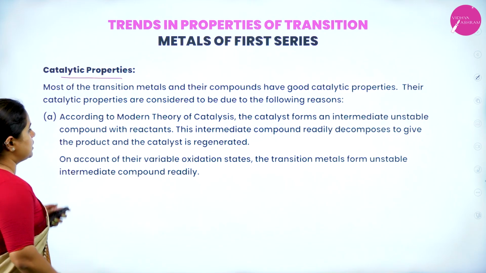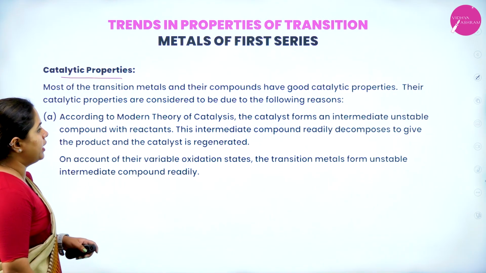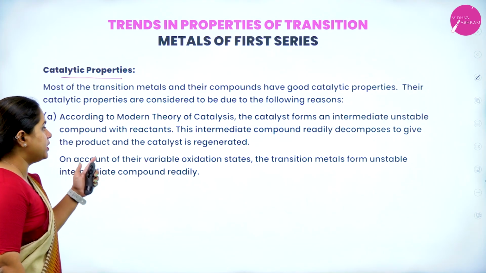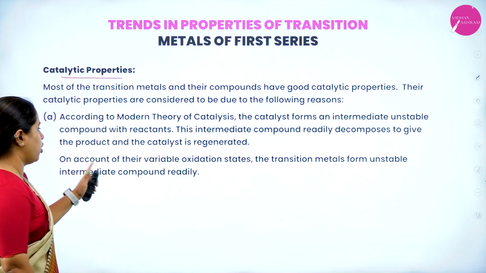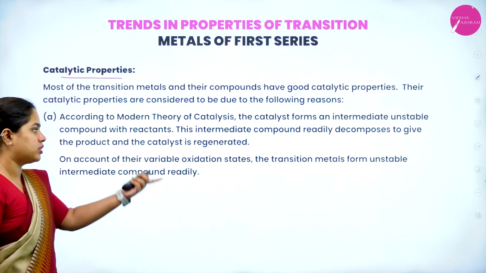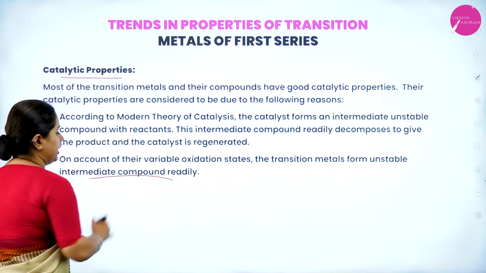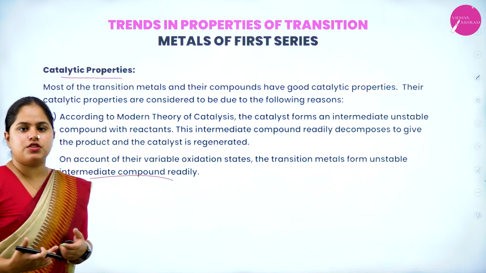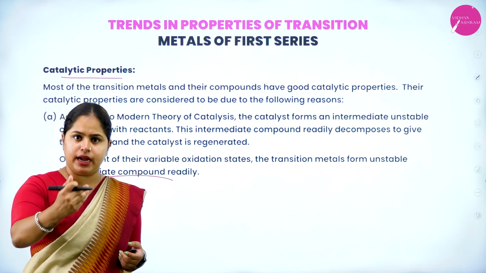Okay, so the first reason is, according to modern theory of catalysis, catalyst forms an intermediate which is unstable compound with reactants. This intermediate compound readily decomposes to give the product and the catalyst is regenerated. On account of their variable oxidation state, transition metals form unstable intermediate compound readily. Okay, so how does the catalyst work? It will form unstable compounds with the reactants first.